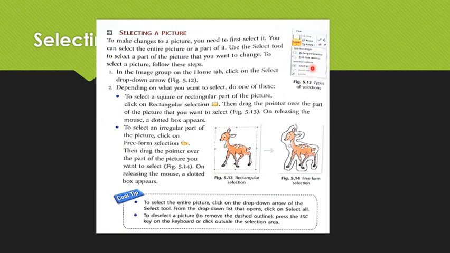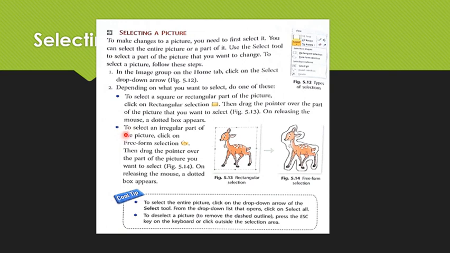Second, depending on what you want to select, do one of these. To select a square or rectangular part of the picture, click on rectangular selection. Then drag the pointer over the part of the picture that you want to select. On releasing the mouse, a dotted box appears.